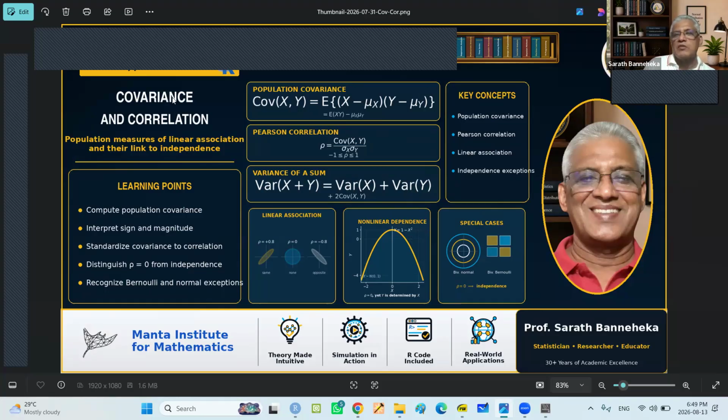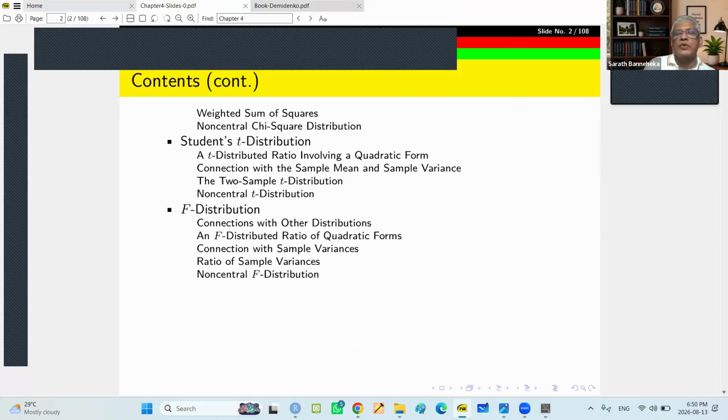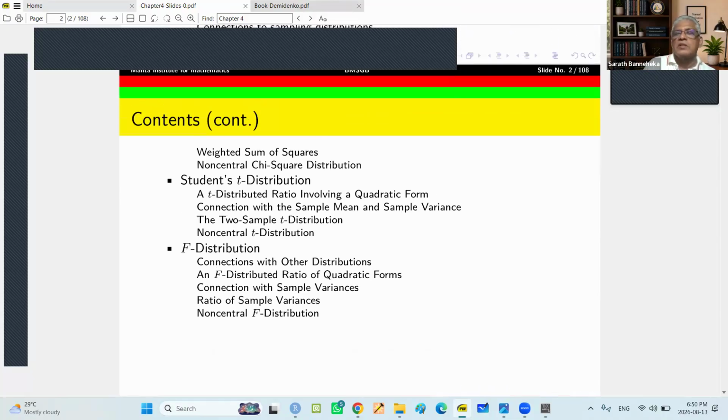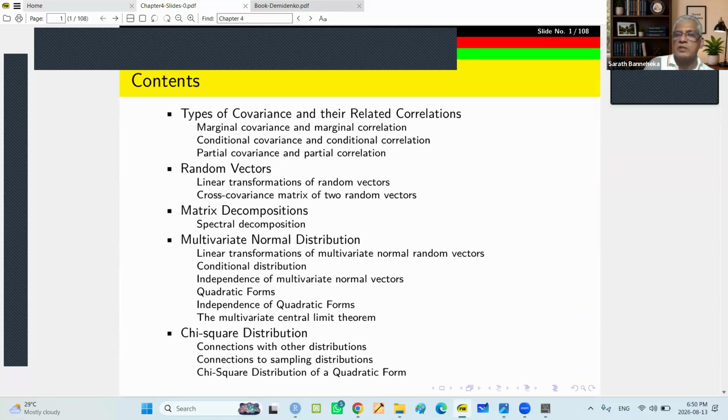So mainly what I have to introduce in this video is the other two covariances and correlations, those are the conditional covariance and partial covariance and corresponding correlations. But as a complete discussion, I will also include the marginal covariance and correlation briefly.